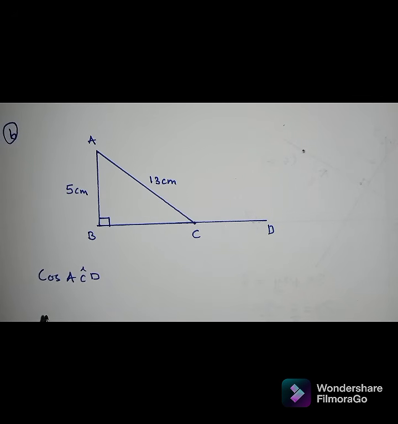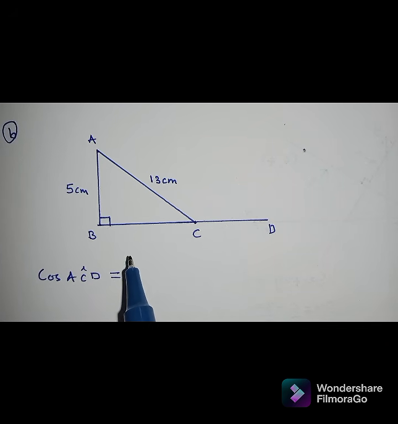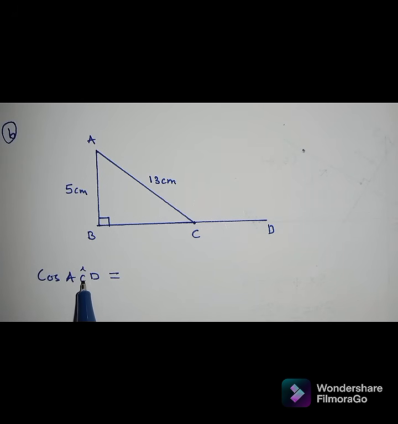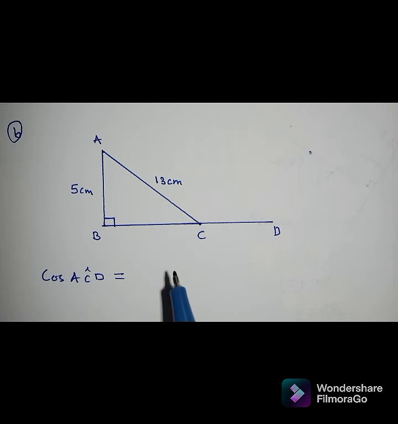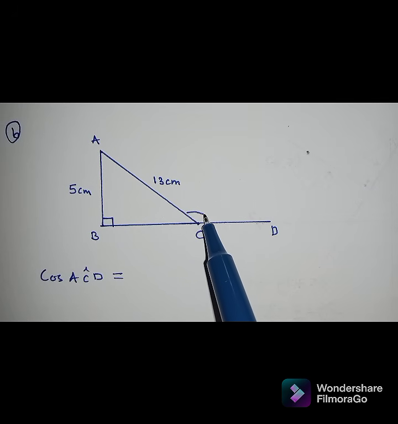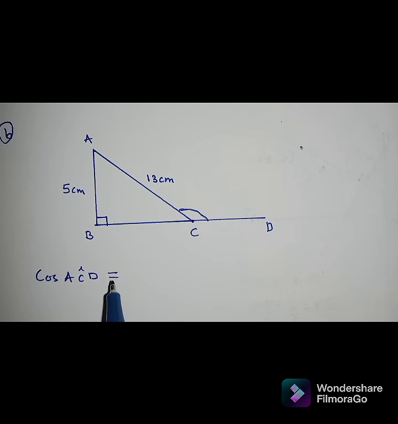In order for us to answer question B here, there are actually about 4 ideas that we need to use. This is for cos ACD, the angle they want us to find. How do we find that angle? We first need to find this.